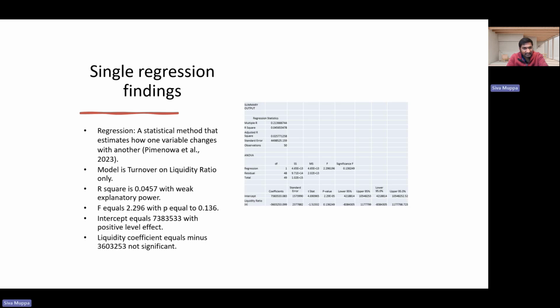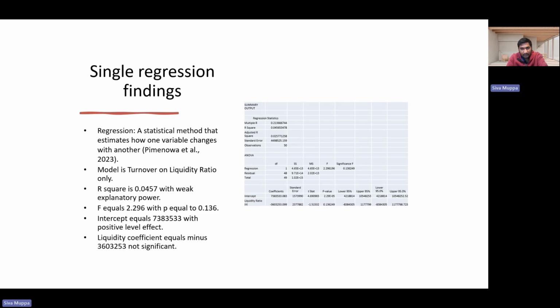Coming to the 10th slide, it's single regression findings. The single predictor model depicts that liquidity ratio is not a good predictor of turnover. The R-square value of approximately 0.046 implies little variance explained. This is statistically non-significant at the 0.05 p-value level.